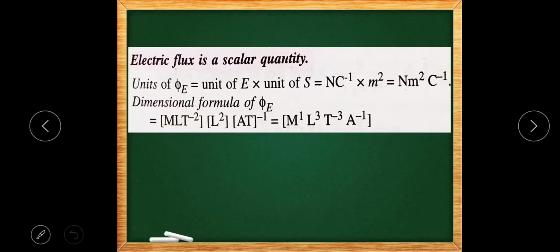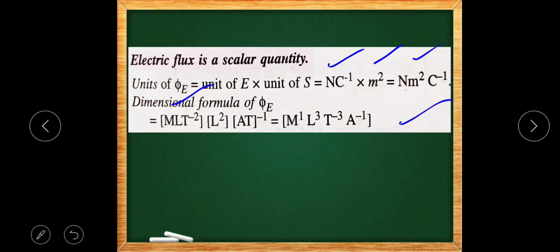The unit of electric flux is equal to the unit of E into the unit of S. The unit of electric field intensity is Newton per Coulomb, and the unit of area is meter square, hence Newton meter square per Coulomb. Now you can write the dimensional formula for it. Newton is the unit of force, and its dimensional formula is M raised to 1, L raised to 1, T raised to minus 2.